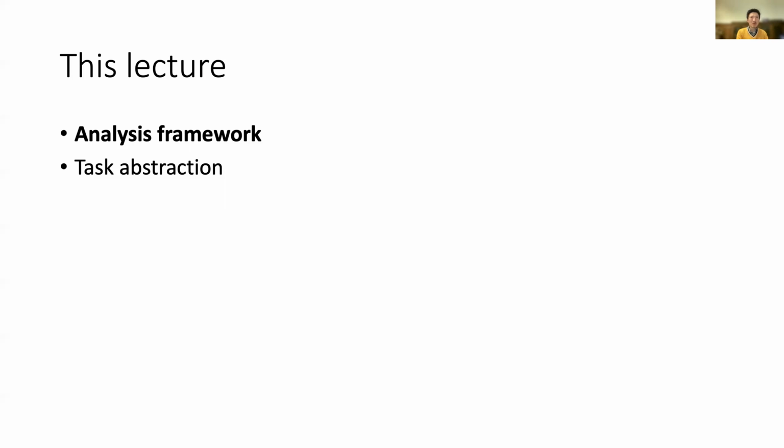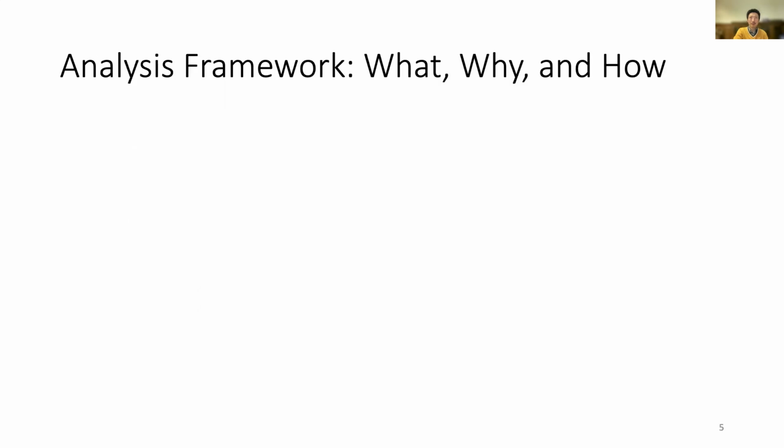Those are the only components of the analysis framework, so it's quite easy. We'll go through it again anyway. The next part is about task abstraction. As we said, a good evaluation has to meet the requirements of the task, so what are the tasks and how do we meet their requirements? That's what the task abstraction part is.